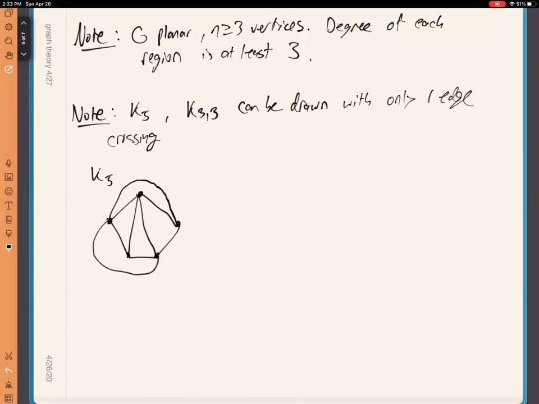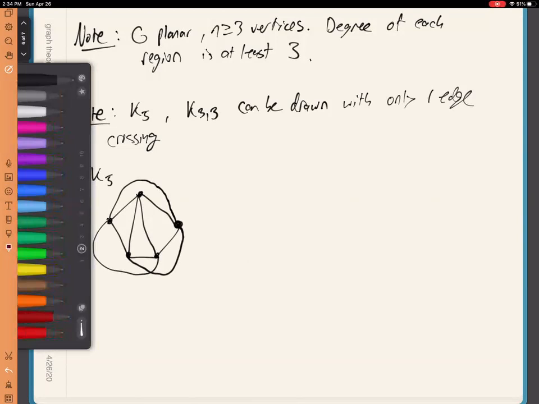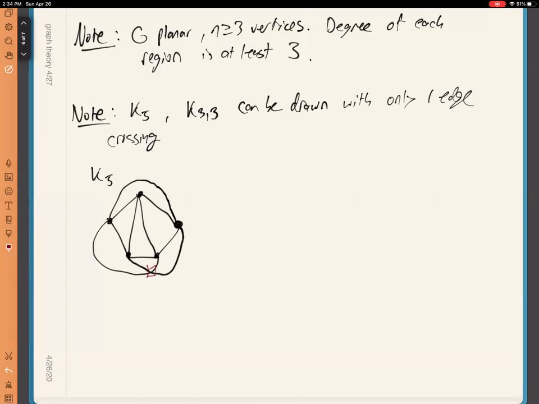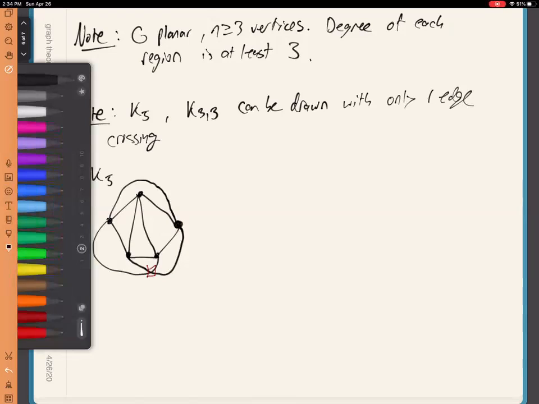Finally, there are 2 more vertices I have to connect, and this is where the edge crossing is going to appear. I'll have an arc from here to here, and this is the one edge crossing. You can check that this is a representation of the complete graph, because if you pick any 2 vertices from the 5, you can find an edge between them. So this is the complete graph on 5 vertices, or more precisely, a graph isomorphic to what we usually draw as K5, and there's only one edge crossing.